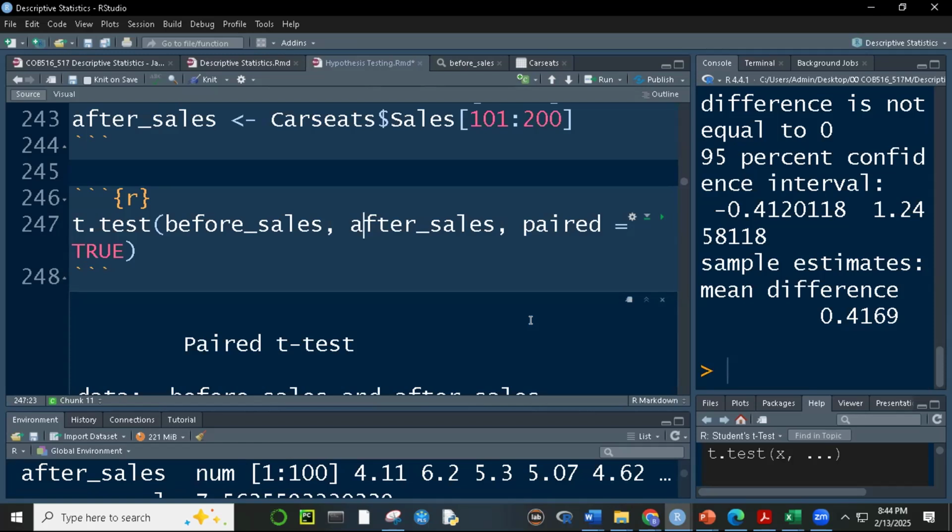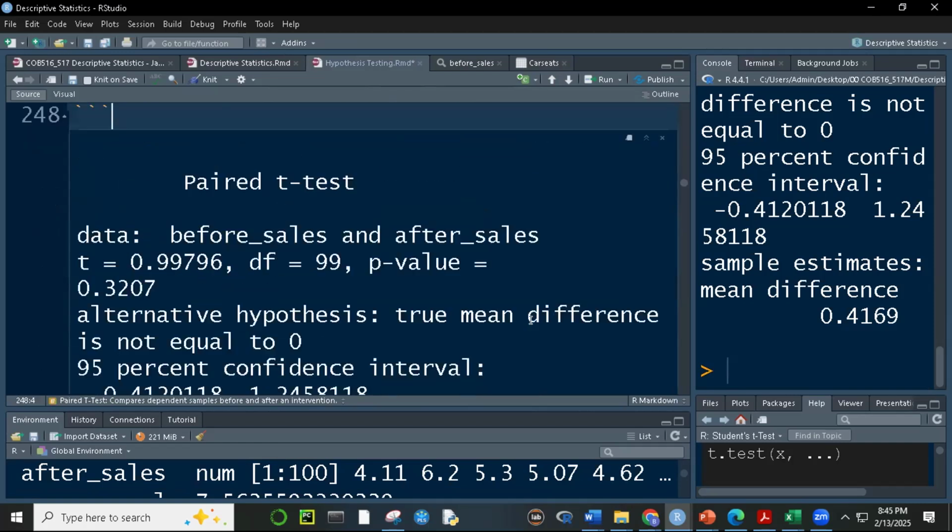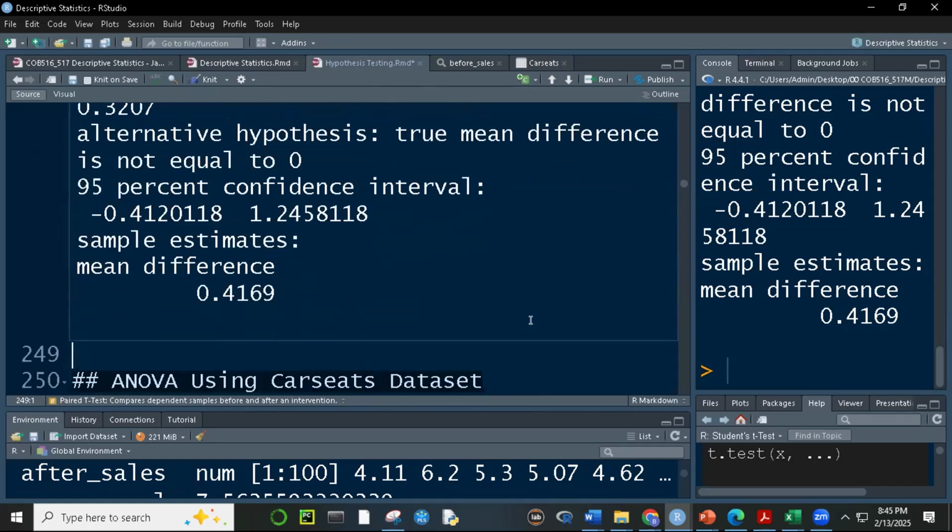Kasi kung hindi din nagbago yung sales before the intervention and after the intervention, then something must be wrong. So that can now lead the company to assess kung okay ba yung advertising nila or hindi.